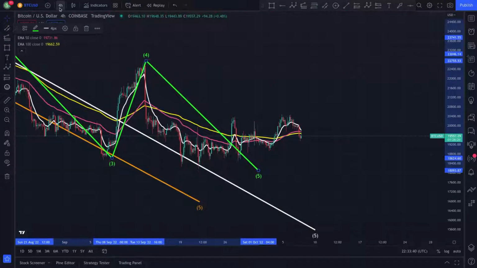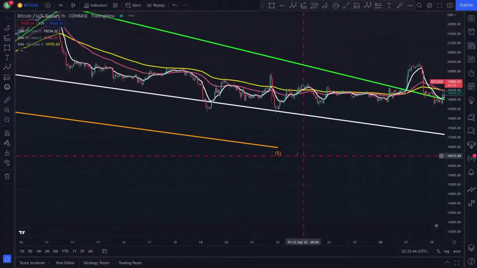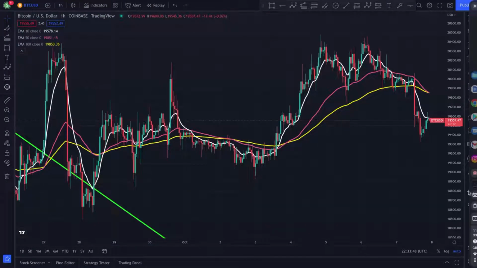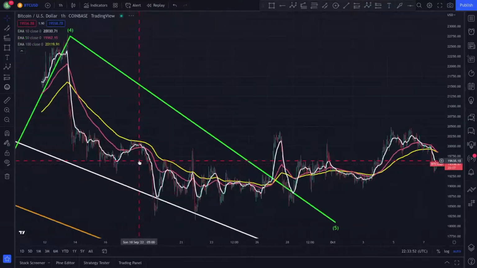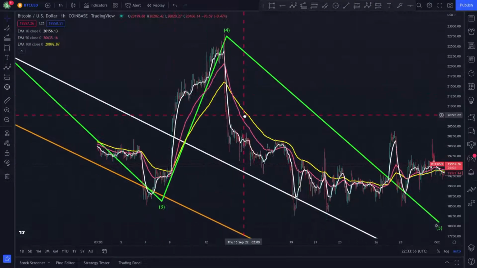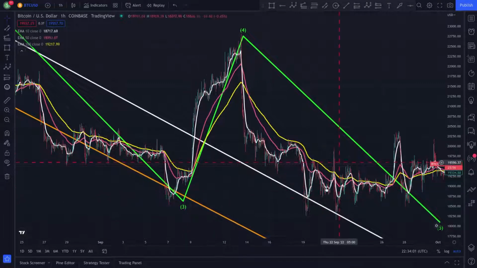So I can't really see what's happening. I'll go down to the lower time frame, the 1 hour time frame. Do you want to be safe?